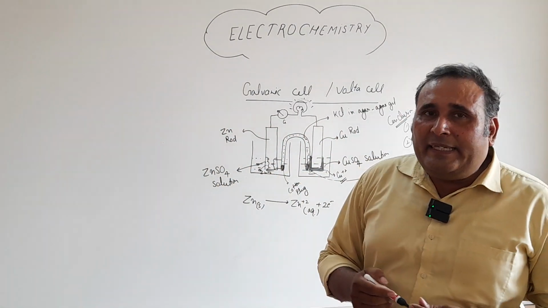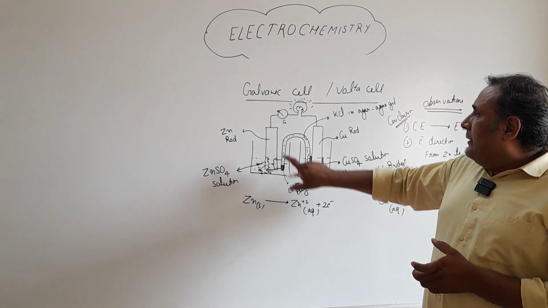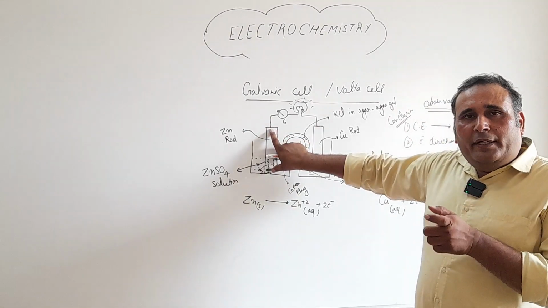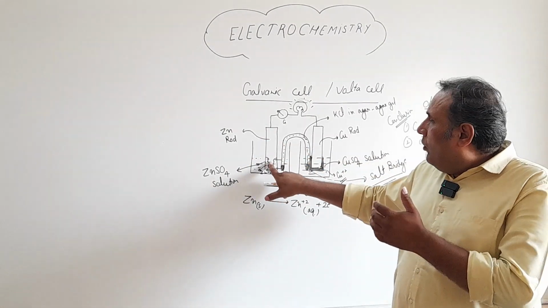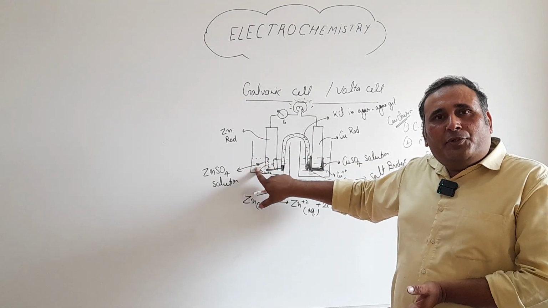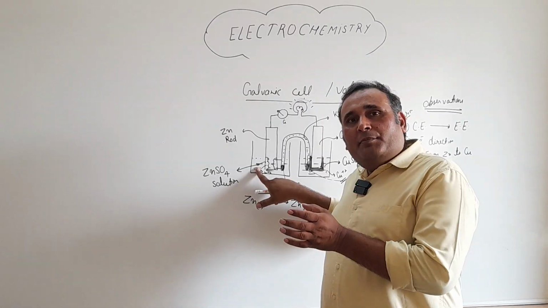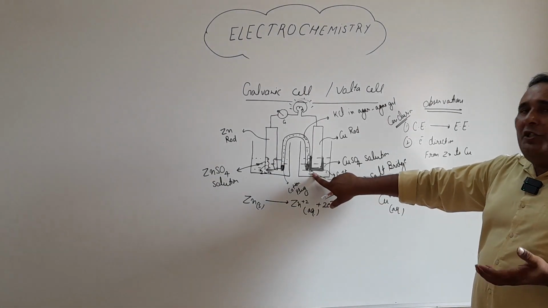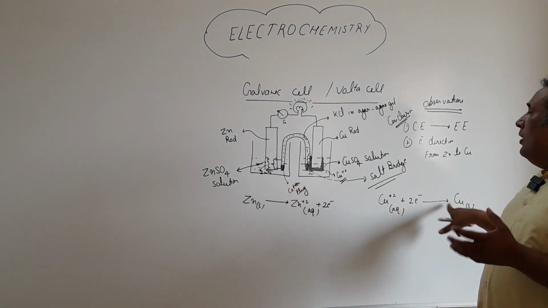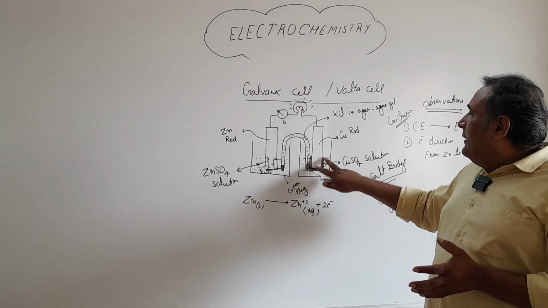So why does the zinc rod become thin? Because the zinc solid gets converted into Zn2+ ions, and slowly these Zn2+ ions go into the solution. So the zinc rod becomes thin. But the copper ions from the solution get converted into copper solid, and all this copper solid gets deposited on the copper plate.